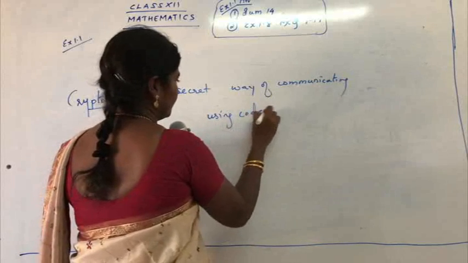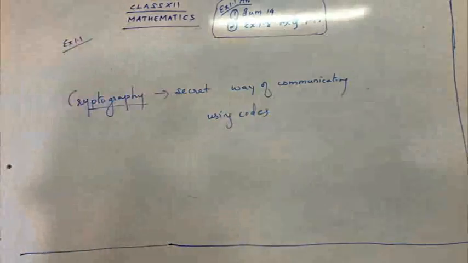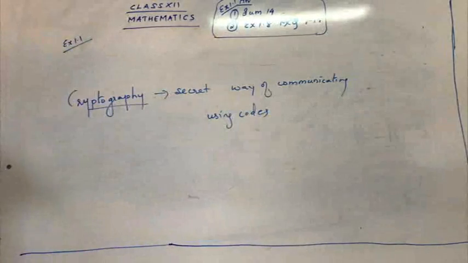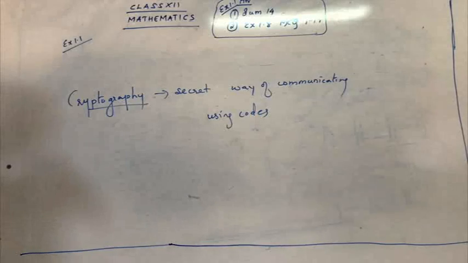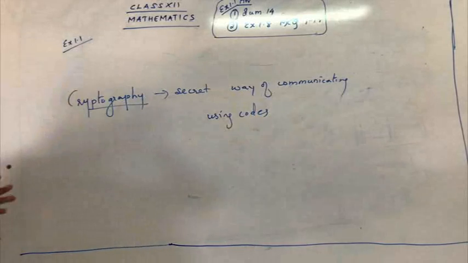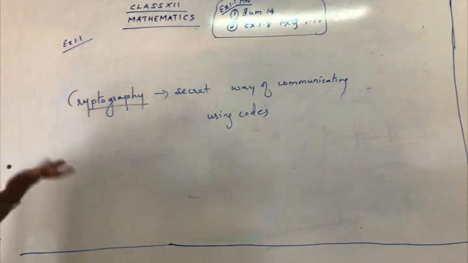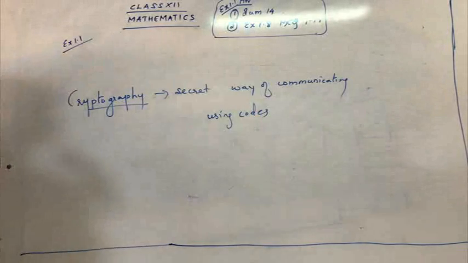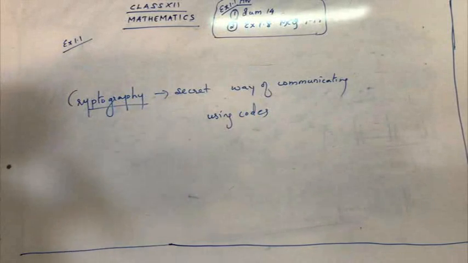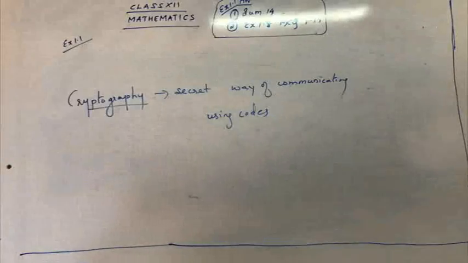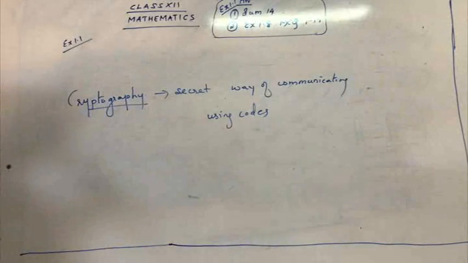Suppose you and I are talking, then we have some codes, and with the help of codes we'll be talking, so the third person doesn't come to know what we are talking. So cryptography in simple terms is a secret way of communicating using codes, which cannot be known by others.